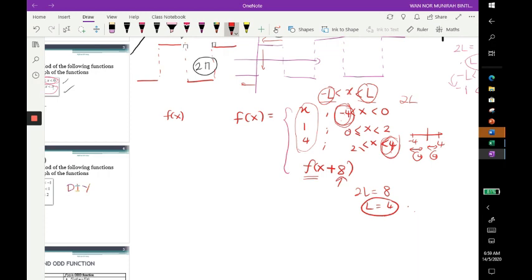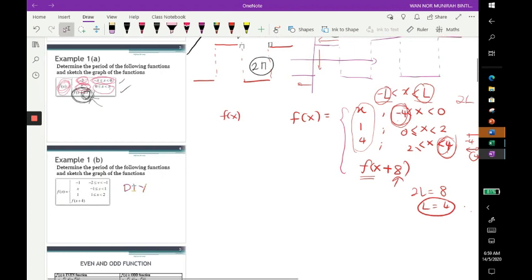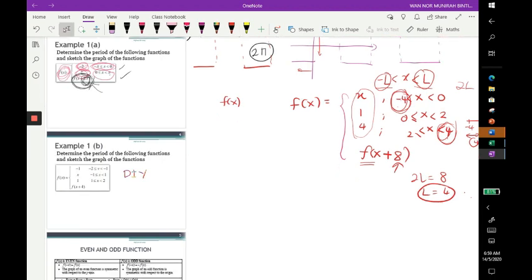Okay, so can we just proceed to the next one, which is how to sketch a simple function. For a simple function, like if you have a periodic function, let's say I give you a few functions here.